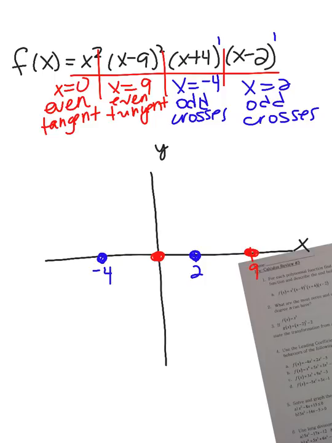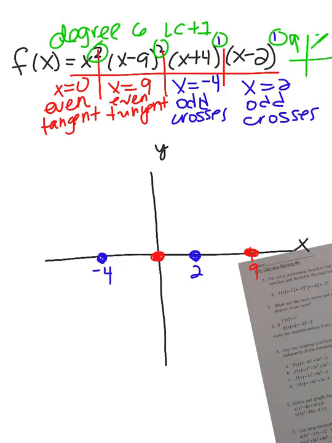Okay, so I need the degree of the polynomial, so count up the exponents. We have 2, 4, 5, 6, so it's a degree of 6. So it's either up, up or down, down. The leading coefficient is positive 1, so that means it's up, up, like this.